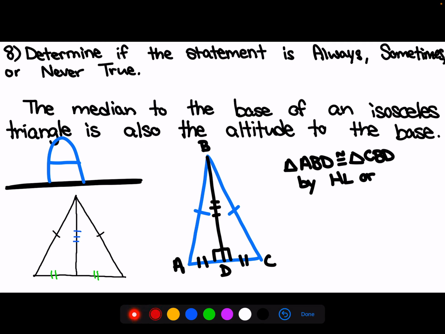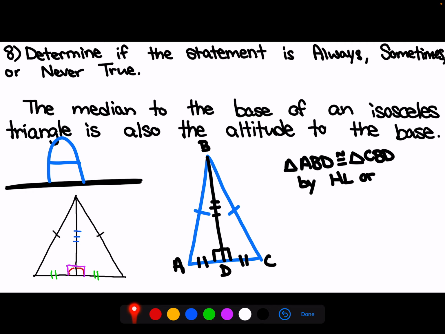If that's the case, then these two angles are congruent by CPCTC, and since these two angles are congruent and supplementary, that means that they are right angles. Since this segment also goes from the vertex and intersects the opposite side at 90 degrees, it is also an altitude. So it's not only an altitude, but also a median.